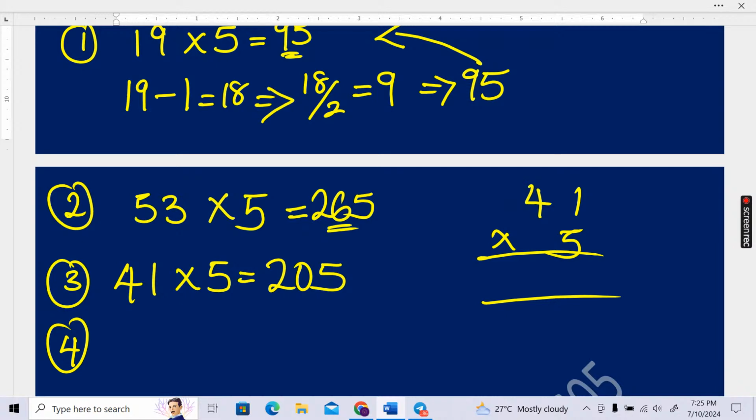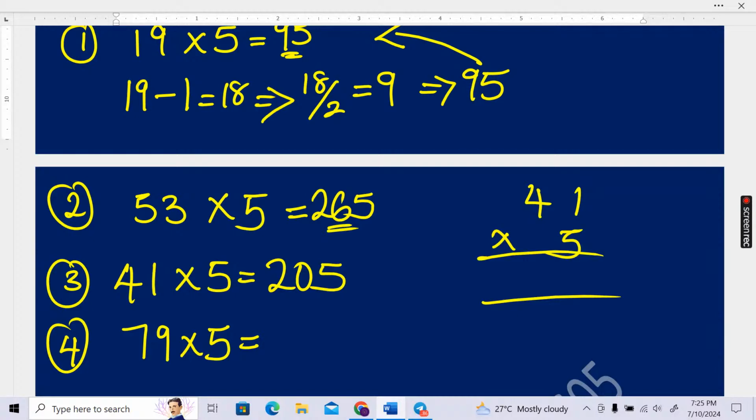Now, one more reminder to what we learned previously. Another one is 79 times 5. First thing you're going to do, subtract 1 from 79. You're going to have 78. Then divide 78 mentally by 2.